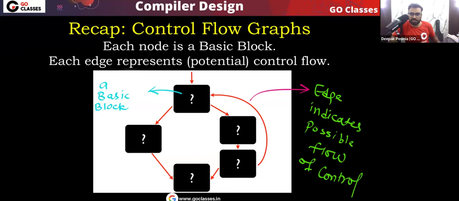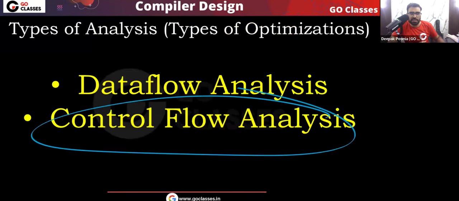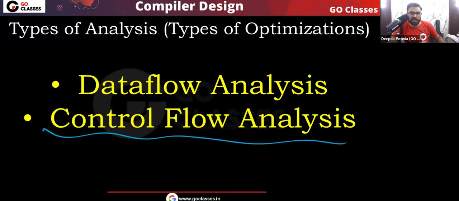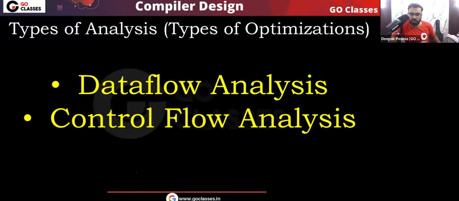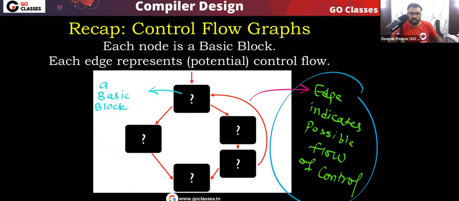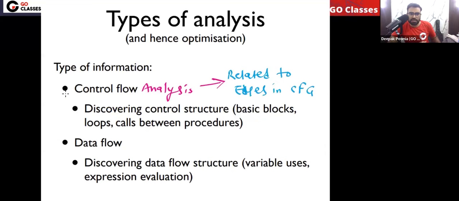This is what I'm telling you, that control flow analysis has to do with the analysis of the edges, because in the control flow graph, the edges tell you the possible flow of control. So please understand that control flow analysis is basically related to the analysis of edges in the control flow graph.